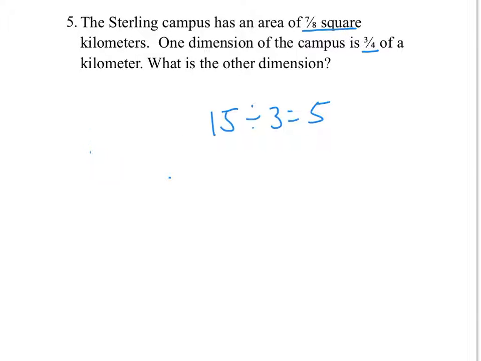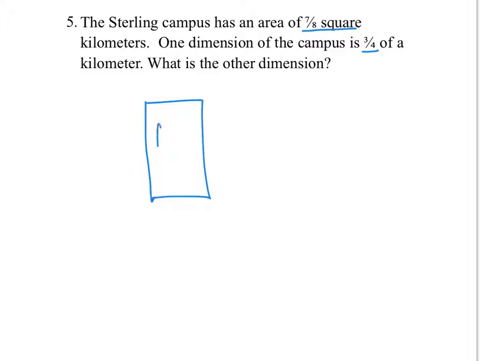But what if you have fractions instead? Well, you do the exact same thing, except now you have fractions. So if our area equals 7/8, and one of the dimensions is 3/4, what's the other dimension? So we're going to divide. So we say 7/8 divided by 3/4.